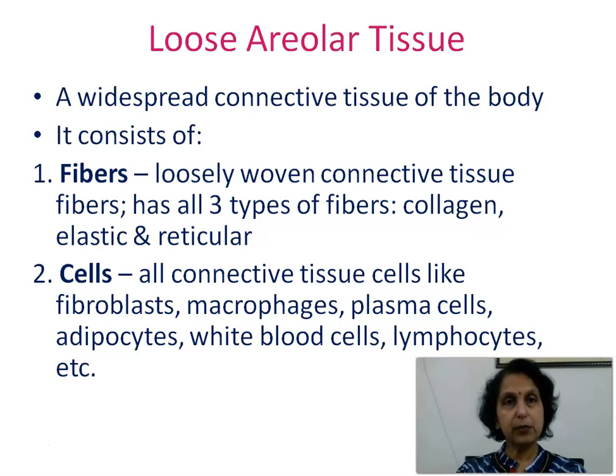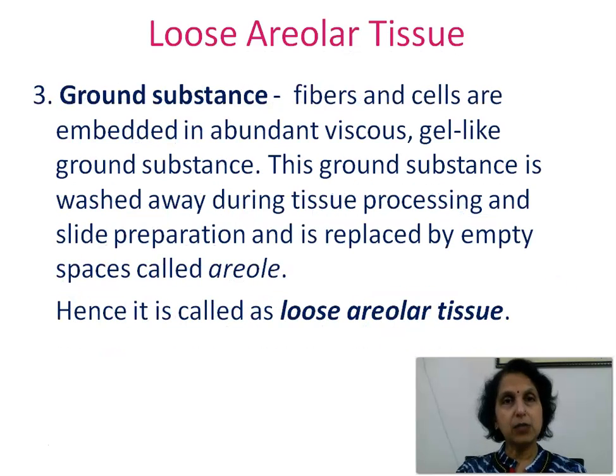It consists of fibers, closely woven connective tissue fibers, has all three types of fibers, that is collagen, elastic and reticular fibers, cells, all connective tissue cells like fibroblasts, macrophages, plasma cells, adipocytes, white blood cells, lymphocytes, etc. and ground substance.